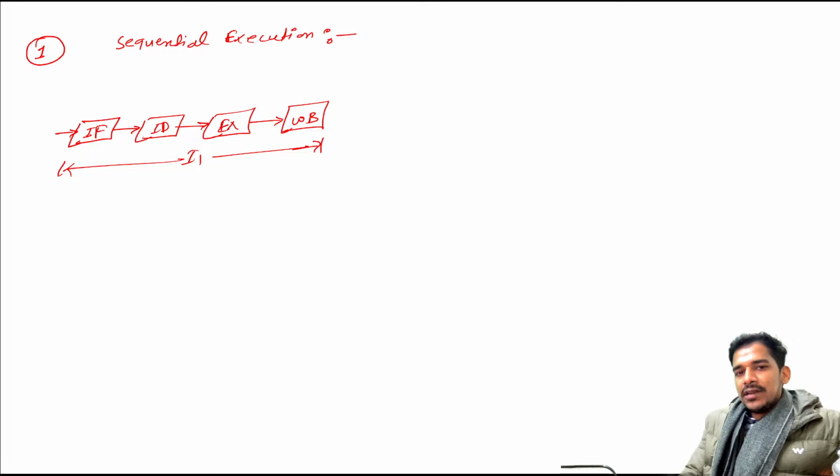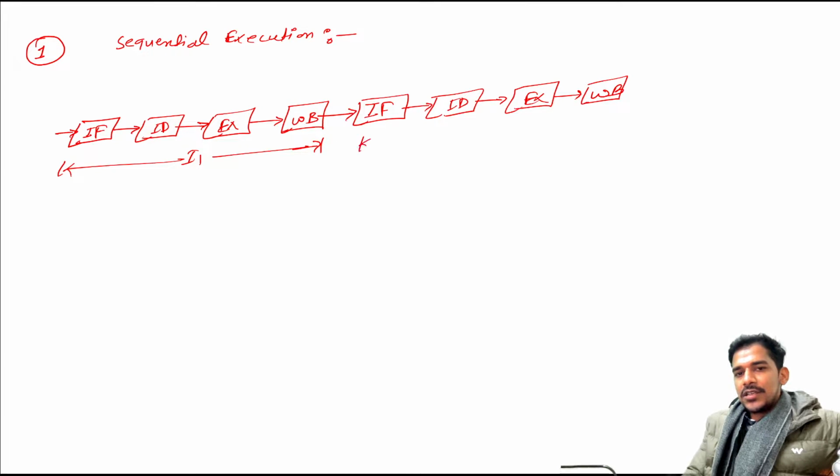Then the next instruction will be fetched only after the write back stage of the last instruction. That is, we will fetch the next instruction, then we will decode it, and then we will execute the instruction and then write back. So after the write back of the previous instruction completes, I2 will take 4 cycles, right? What is the meaning of cycle? We will see this.